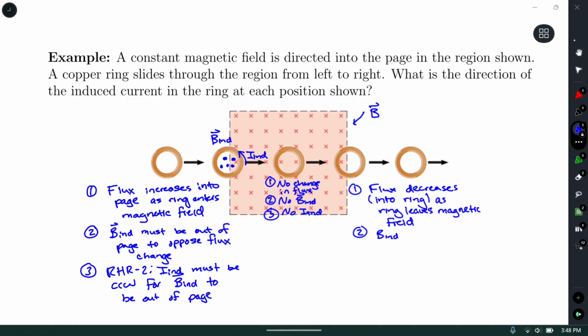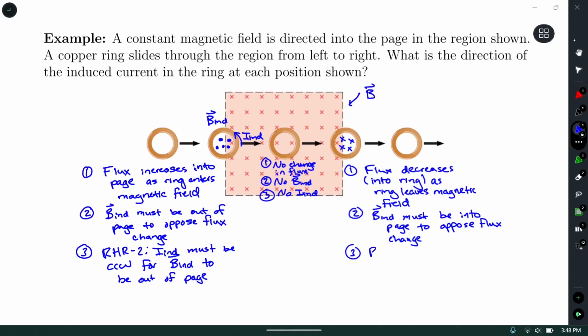In order for it to do that, it's saying, hey, I don't want the amount of flux through the ring to drop like that, so I'm going to try and bump it back up, and the only way that can happen is if the induced field is also pointing into the page, compensating for the amount of field lines that are not there anymore from the main magnetic field. So it must be into the page this time to oppose the flux change.